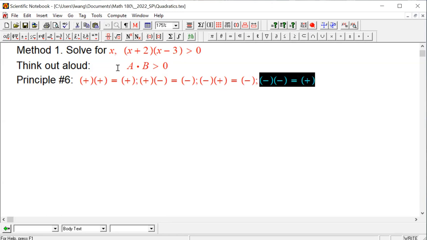These principles actually will bring us ideas, right? So for example, I can put these principles together.